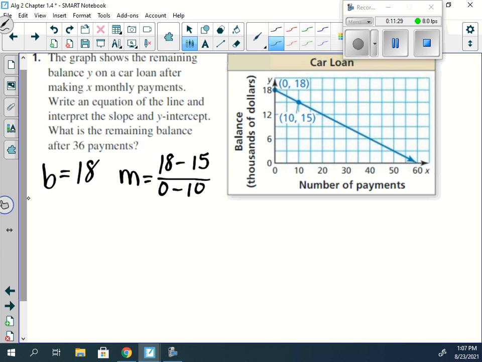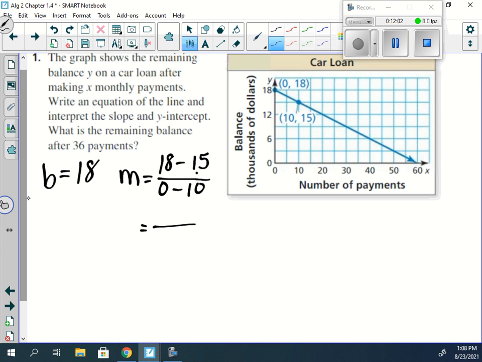So y2 minus y1 over x2 minus x1. Since 18 went first, its x has to go first. 18 and 0. 15 went second, its x value has to go second. So the way we line up the y values really doesn't matter. The x's have to correspond to it. 18 went first, 0 goes below.